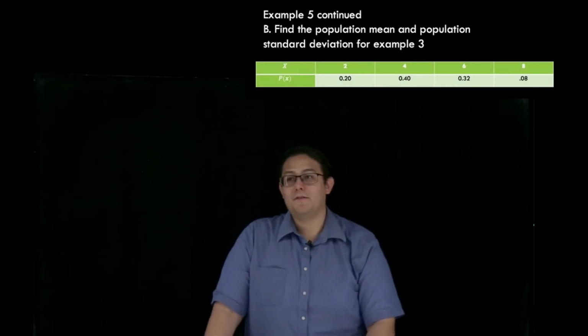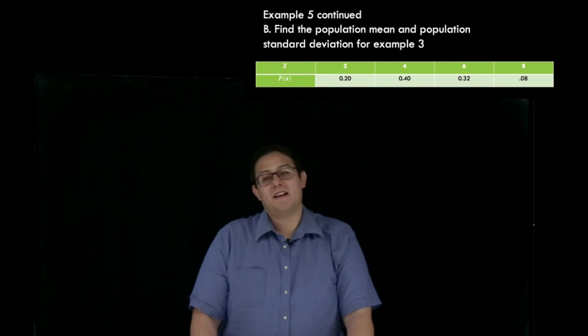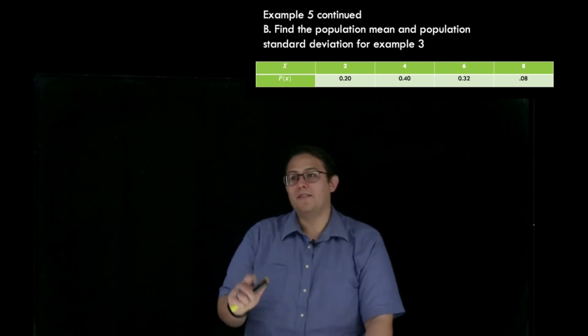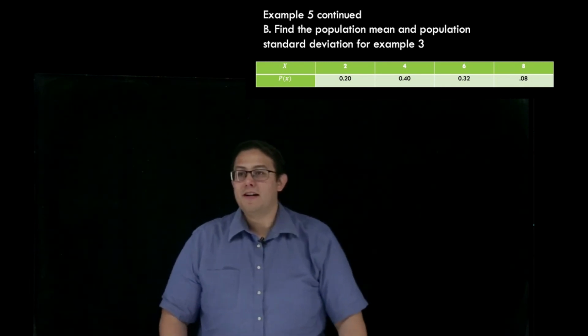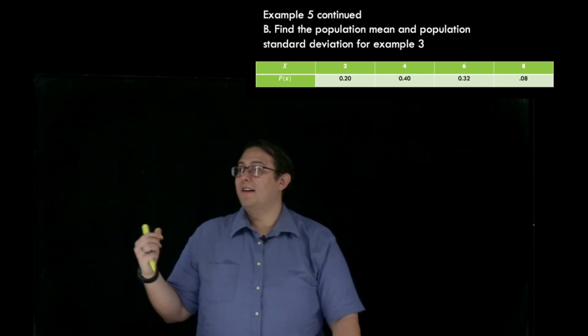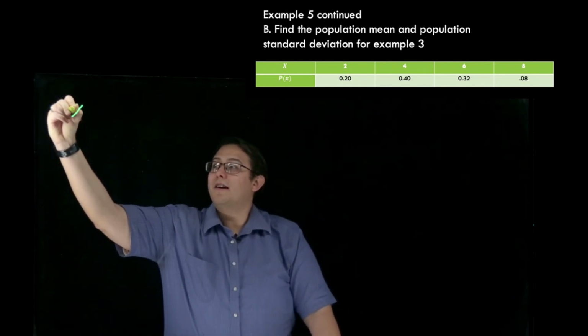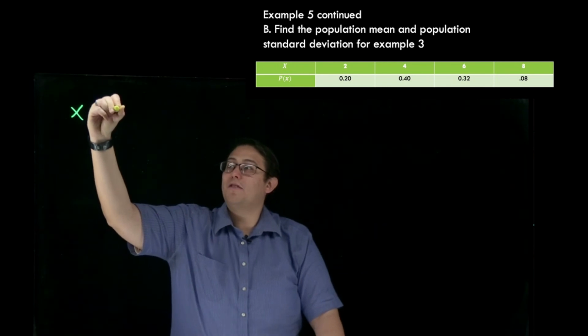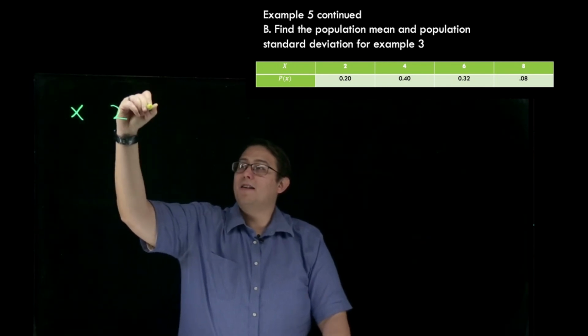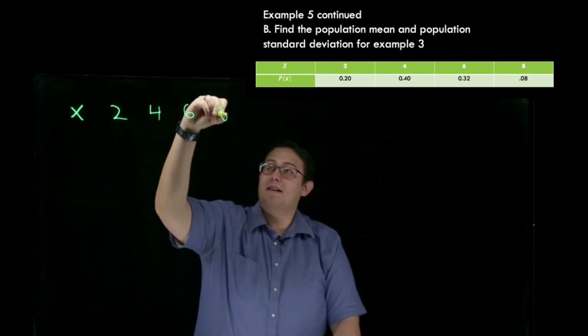So now we need to find the population mean and the population standard deviation for example 3. I pulled up the probability distribution for example 3. That was the battery one, if you recall. So again, I'm going to recopy the distribution here. X is going to be the number of packs we sold. So we sold the 2-pack, the 4, the 6, and the 8-pack.